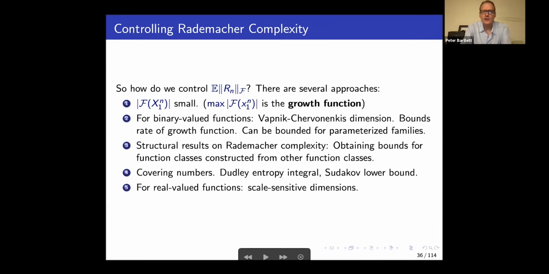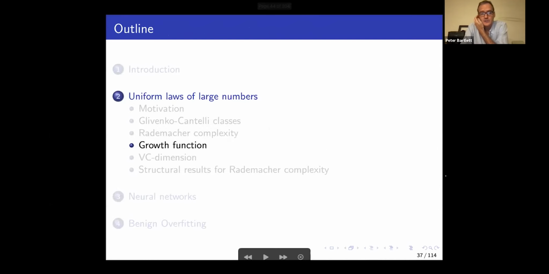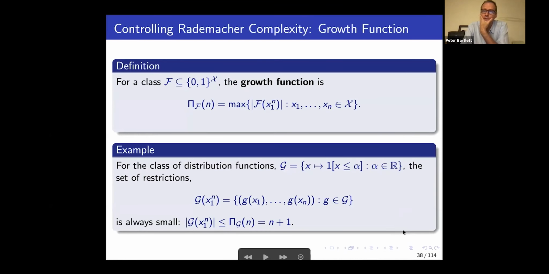Okay, but let's have a quick look at the growth function and some of these combinatorial dimensions. So the growth function, for a class of binary valued functions, is the largest cardinality of these n vectors that we get when we evaluate our functions in our class on a sample of size n. I didn't keep it on this slide, but you'll remember this notation.